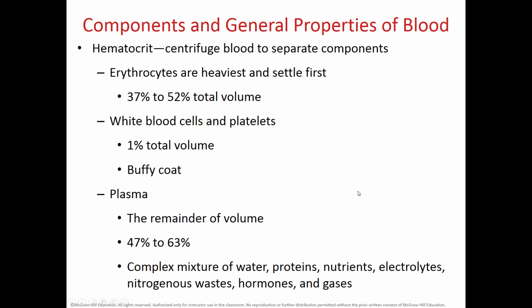When you centrifuge a sample of blood, you can obtain what we call the hematocrit, which will be the percentage of red blood cells that are found in this sample of blood that you have centrifuged. If you spin this sample of blood at high speed, since the erythrocytes are the heaviest cells within the blood, they will tend to sink to the bottom.